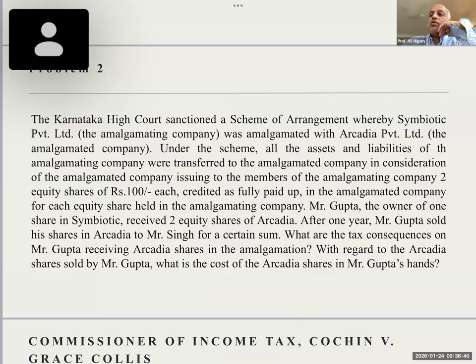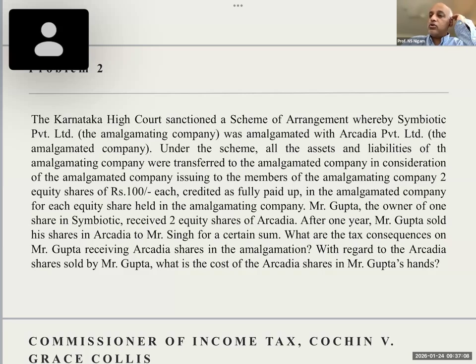And under the scheme, all the assets and liabilities of the amalgamating company were transferred to the amalgamated company in consideration of the amalgamated company issuing to the members of the amalgamating company 2 equity shares of rupees 100 each, credited as fully paid up in the amalgamated company for each equity share held in the amalgamating company. Mr. Gupta, the owner of 1 share in Symbiotic, received 2 shares of Arcadia.